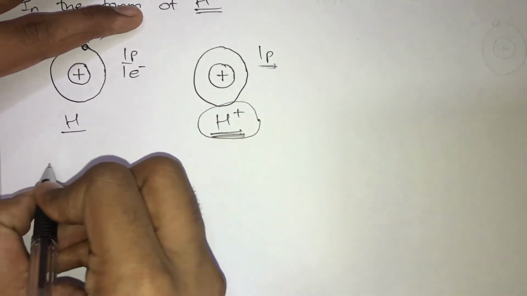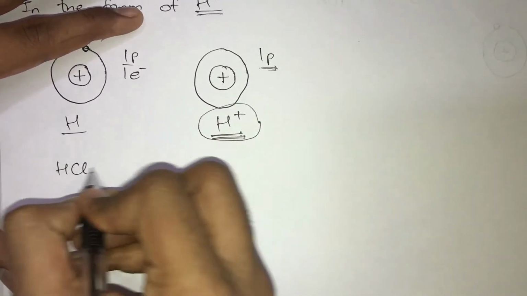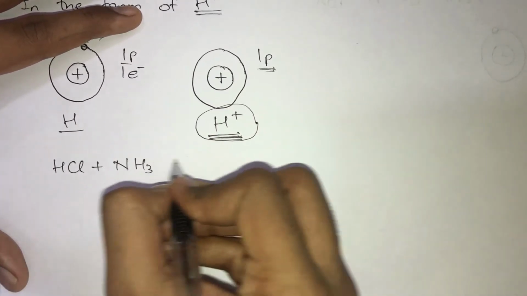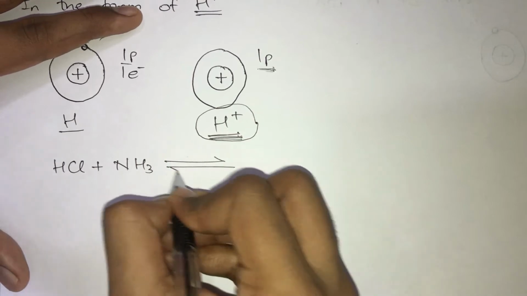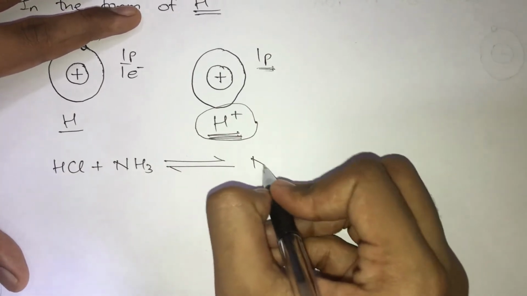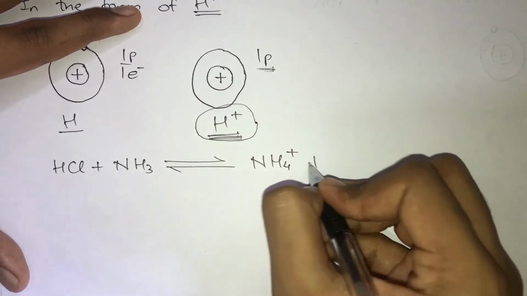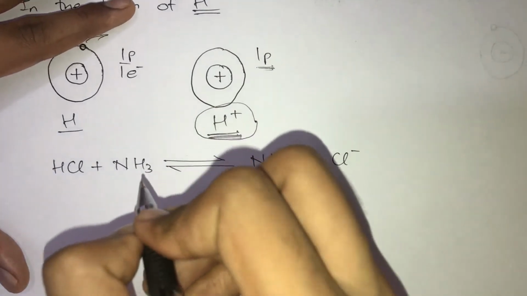So let us consider a reaction, HCl reacting with NH3, and it is a reversible reaction giving us NH4 plus Cl minus.